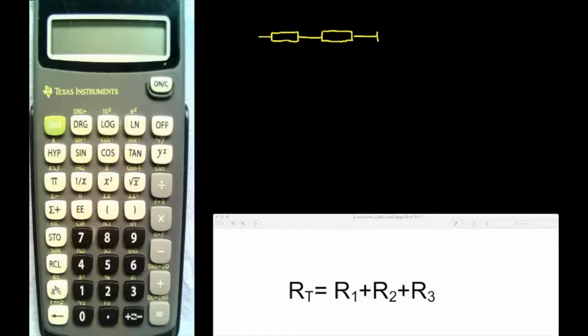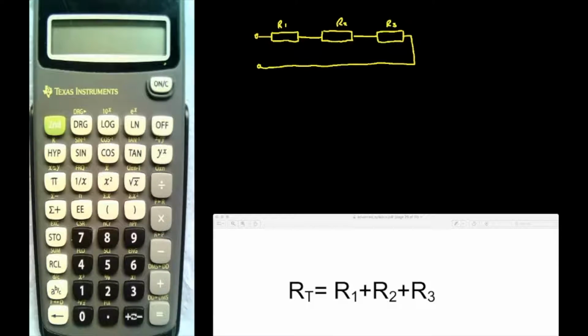So this is the circuit that it's relating to. And you've got R1, R2, and R3.